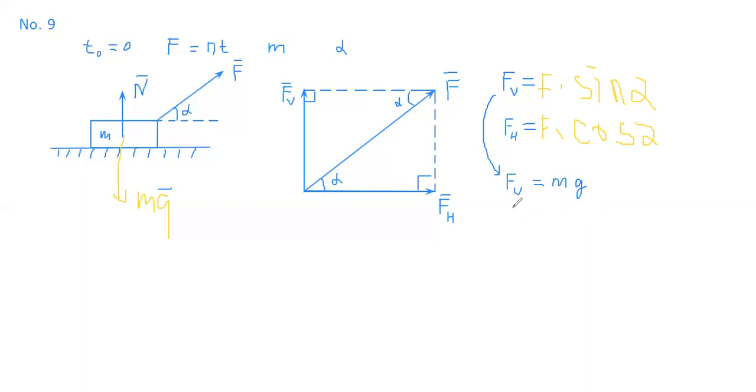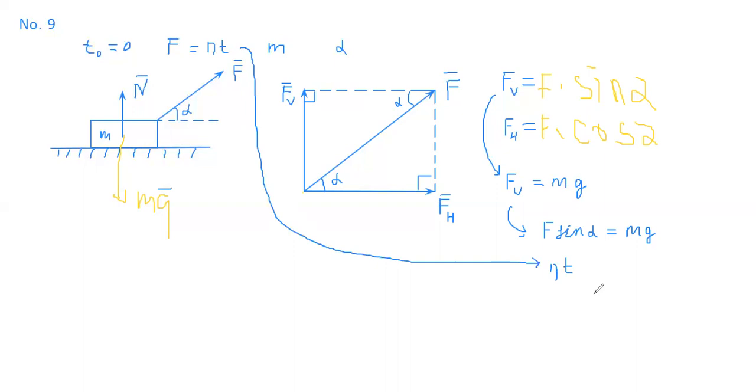So we can make a substitution. F sin alpha is equal to mg, and we can make another substitution. Eta t, maybe I'll write lower index c.